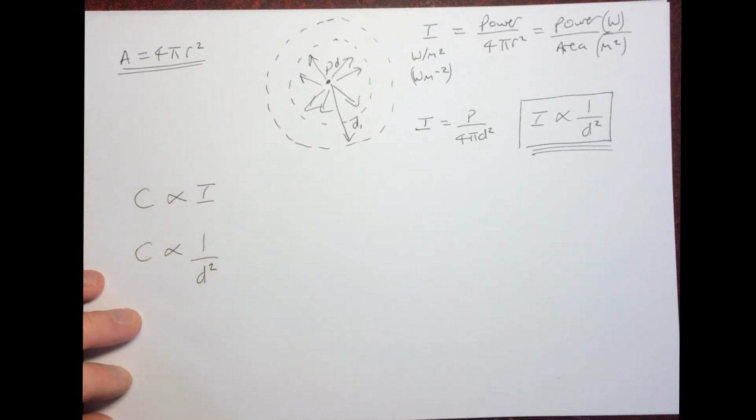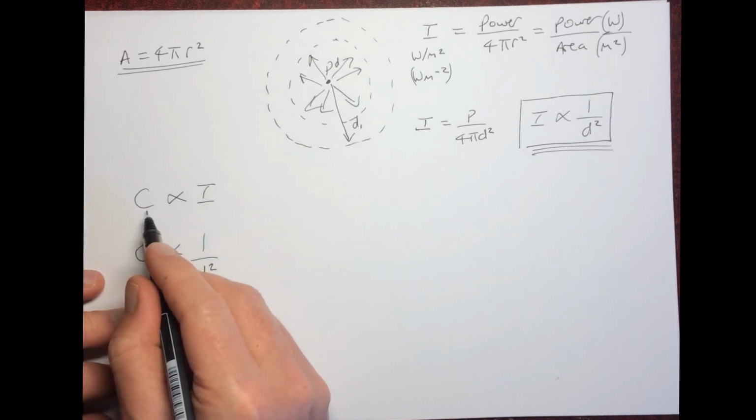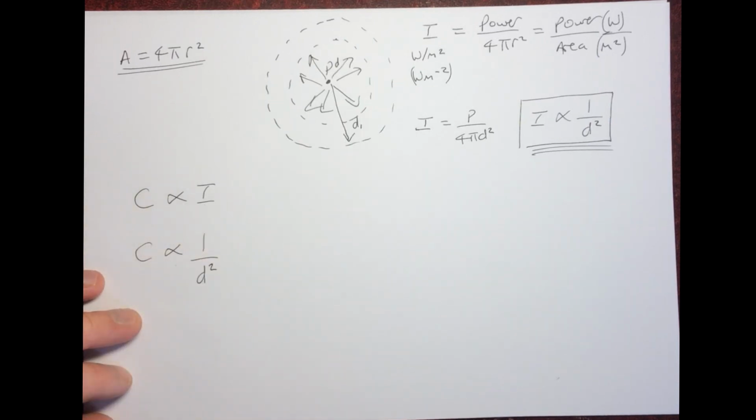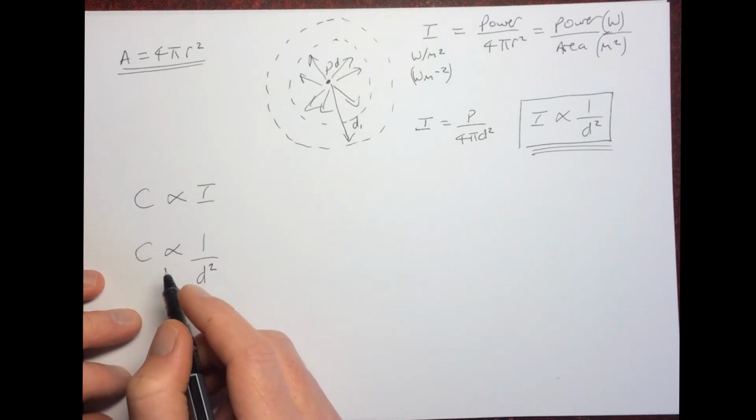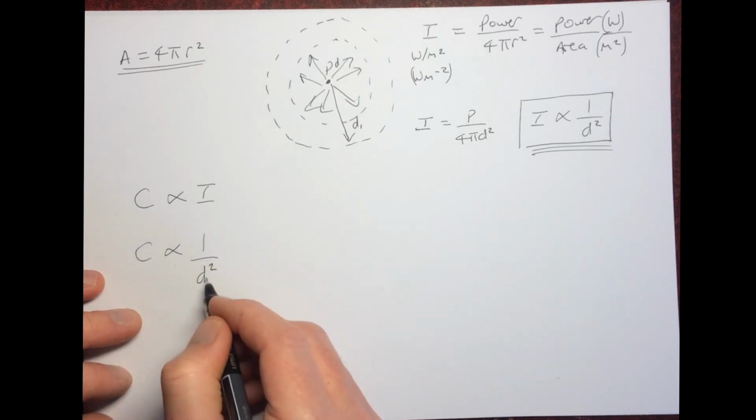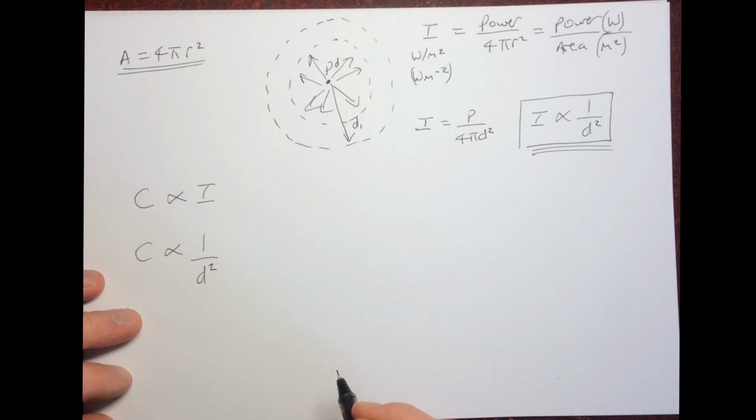You can show that because the count rate is proportional to the intensity.